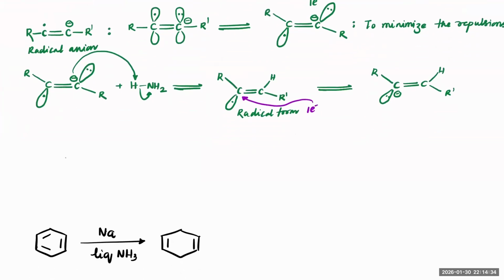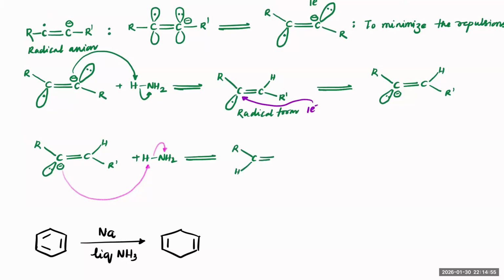Okay. And once you have that, it will react with H and NH2. So this minus will attack on H plus, the bond will break onto this side, and that will make it R, C with H, and double bond C with H and R dash.